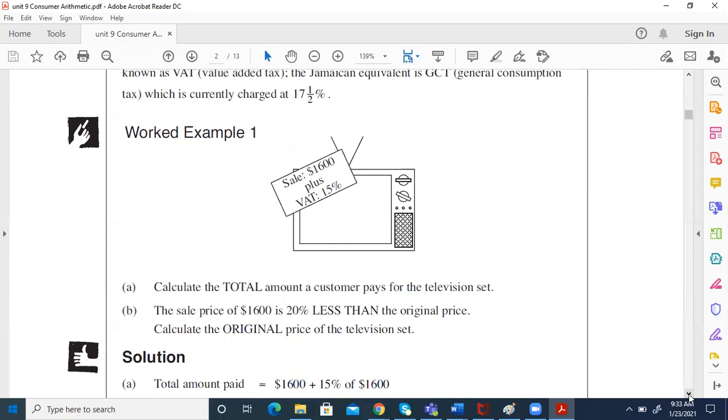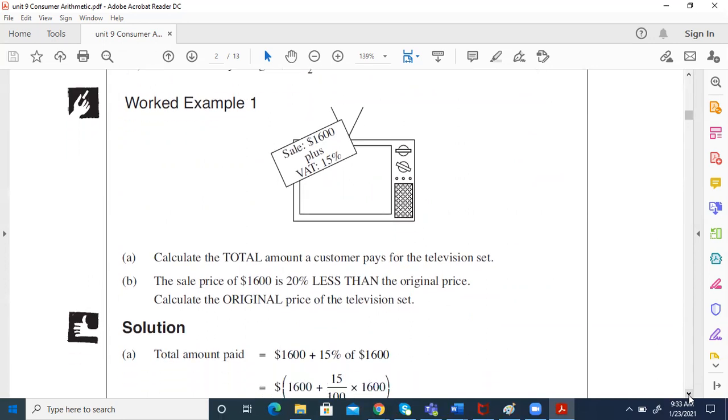So it says calculate the total amount a customer pays for the television set.